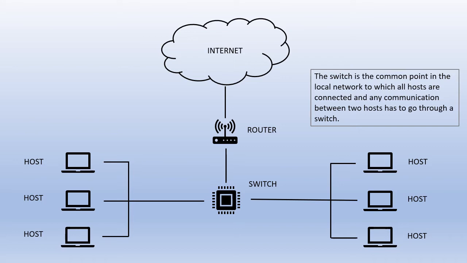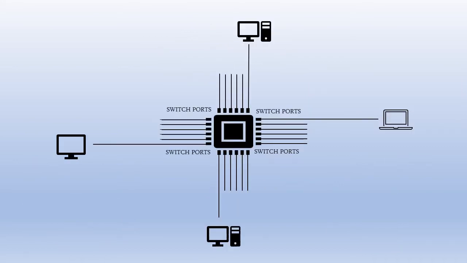A switch is an intermediate network device consisting of a set of ports, and each host connects to the switch via one of its ports. This representation of a switch will help us to better understand the functions of a switch within a local area network.